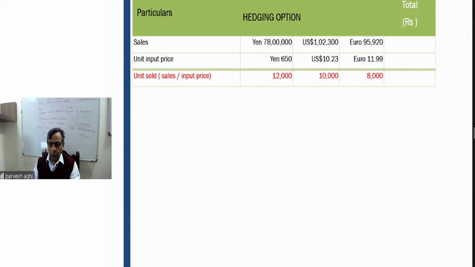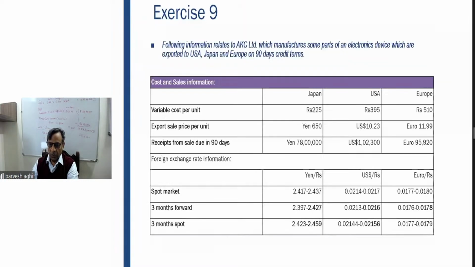So unit price. Input price we know it is $650 and if we just go back, it is 10.23, okay, was the price and euro 11.99 was the price. So let's go back in the question.